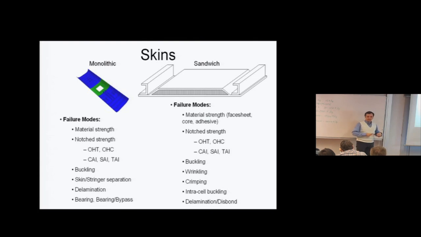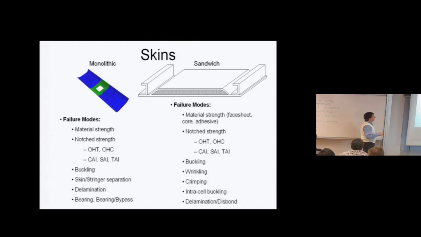Now, on the other side, if it were a sandwich, so this is the sandwich with a core in the middle, you still have the material strength, but now the face sheet or the core can fail, or the adhesive connecting them, so you have separate types of material strength failures.